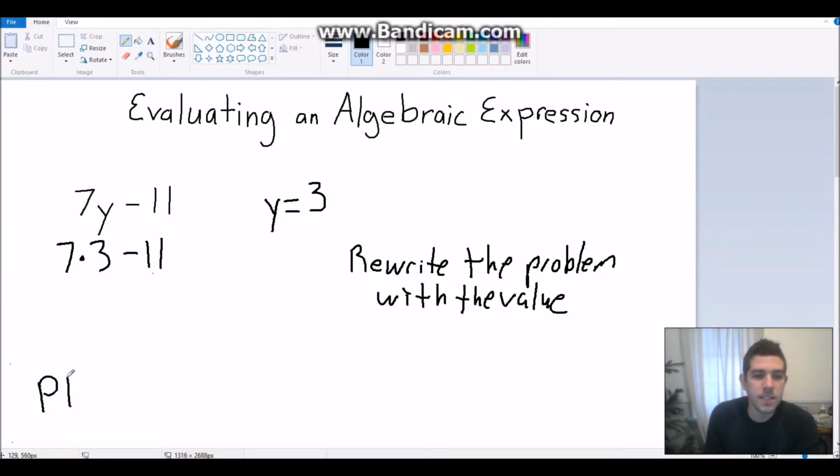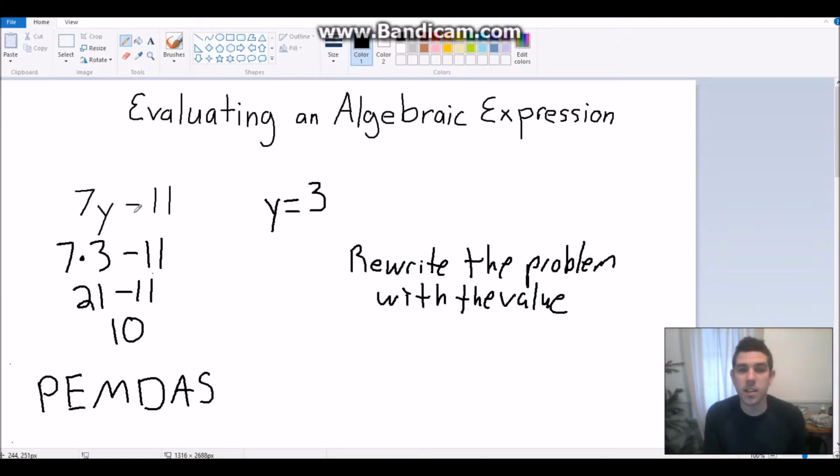So parentheses, exponent, multiplication, division, addition, subtraction. PEMDAS says multiplication comes first, so 7 times 3 is 21. We rewrite the problem, and then 21 minus 11 equals 10. So this expression here was evaluated to be 10, based on the y value of 3.